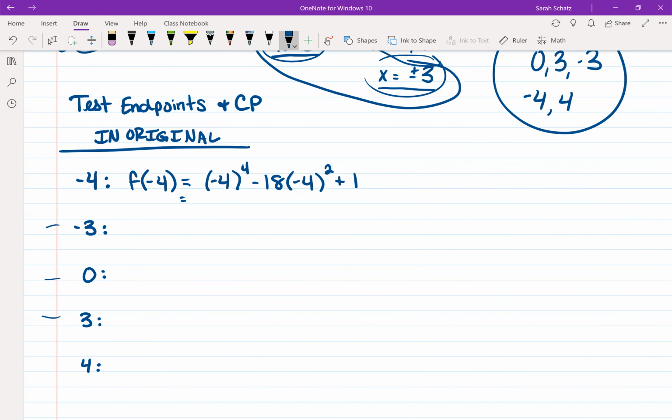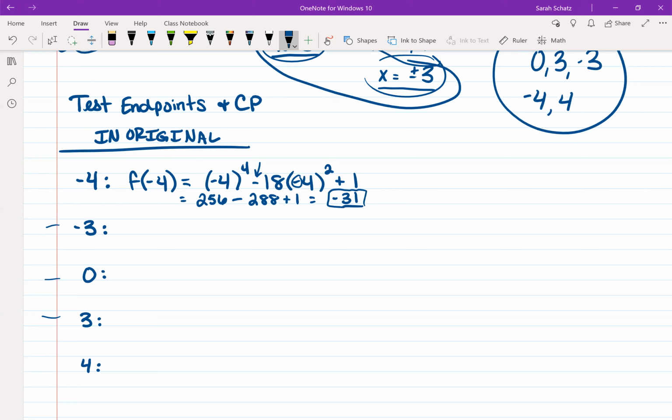So this is going to be minus 18 times 16. So it'll be minus 288, and then I have that plus 1. So 256 minus 288 plus 1. What I get here is -31. So what I've just found is that when x equals -4, this is the y value on the function.